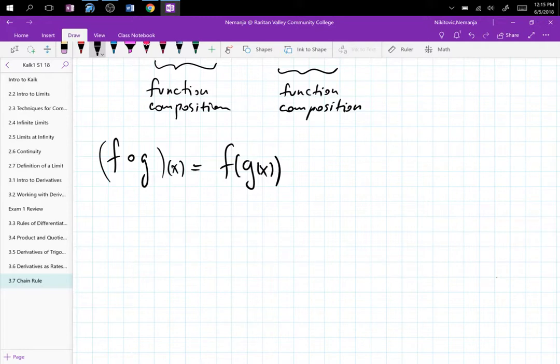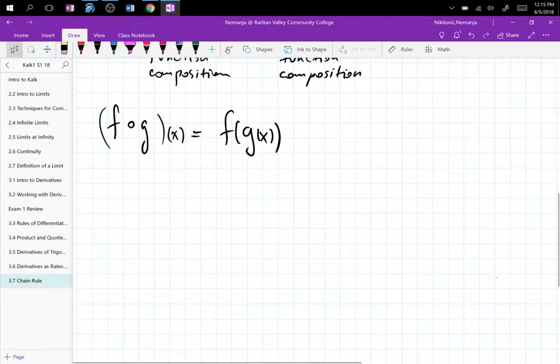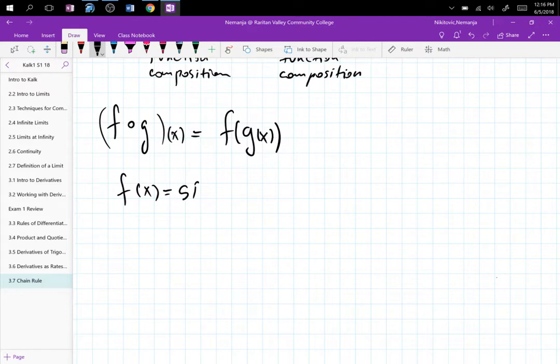You need to be masters of decomposing function composition, not just creating it, because creating, you just use the formula, and it's very simple. So what you do is you say, I'm going to have two functions, say f of x is equal to sine x, and g of x is equal to, let's say, 3x squared.